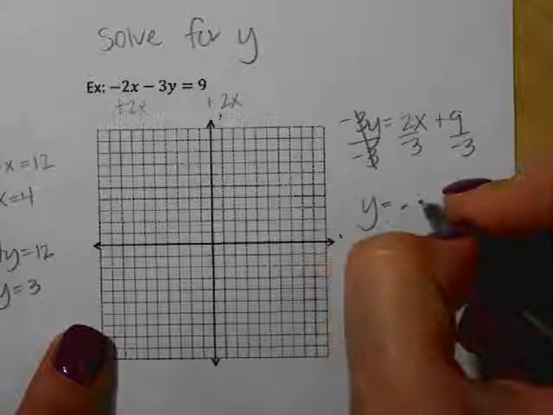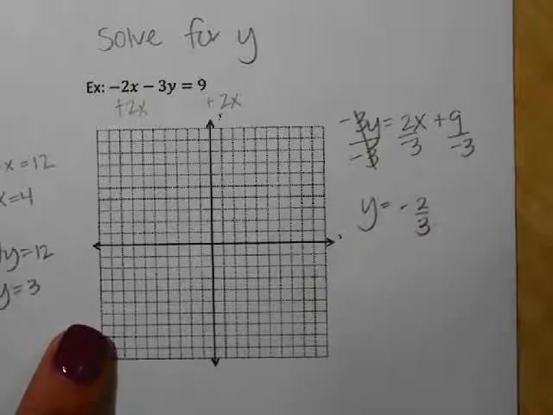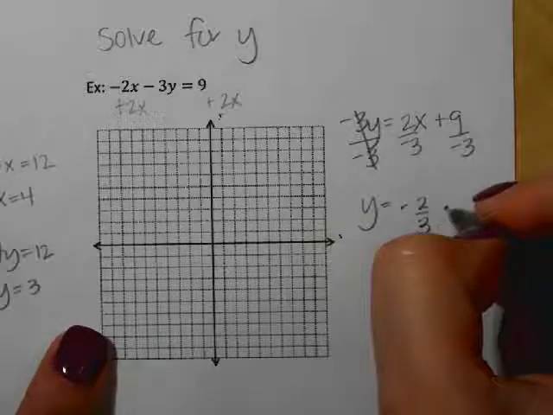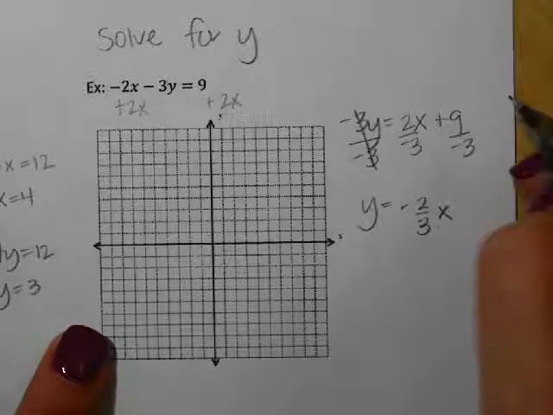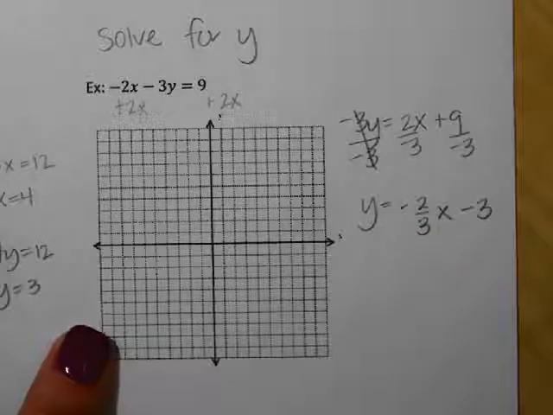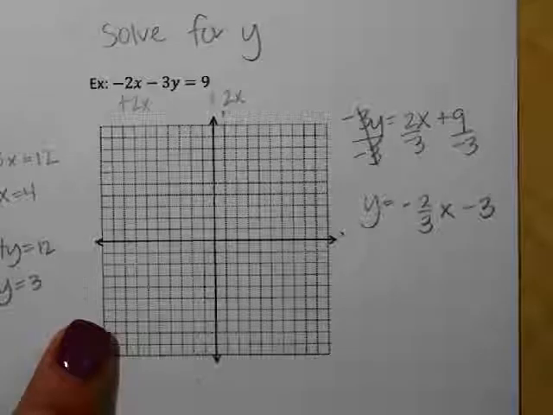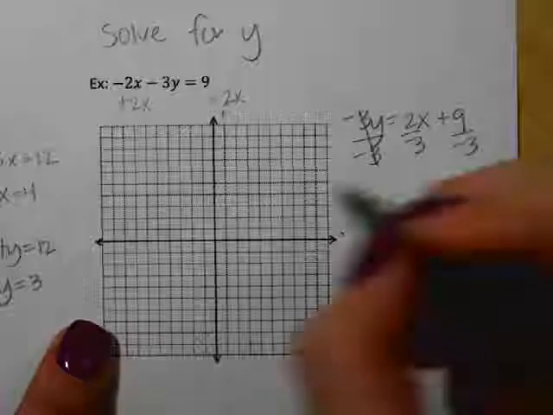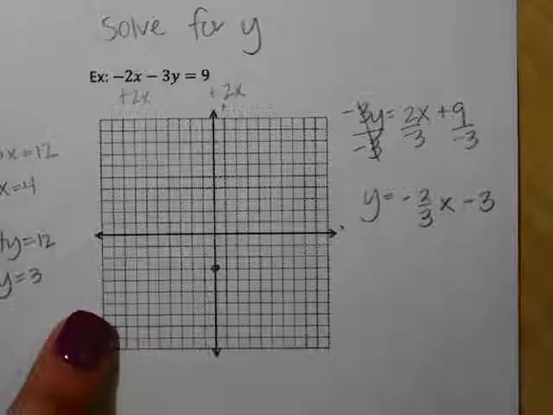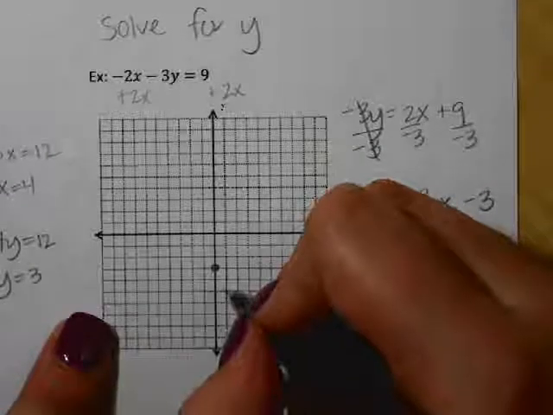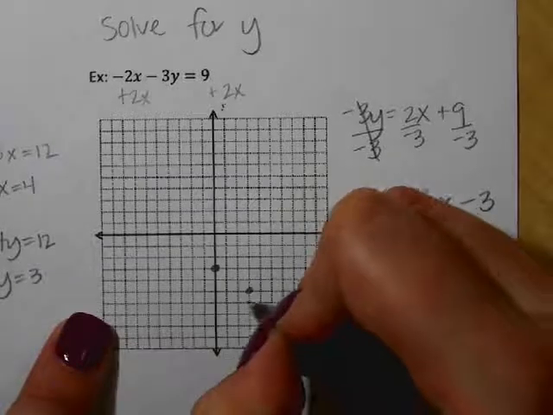A lot of math people will not leave it on the bottom. They just think it looks weird. So negative 2/3 x, and then what do I have on the end now? Negative 3. Okay, so we're going to start at negative 3. And then where do we go from there? Down to right 3.